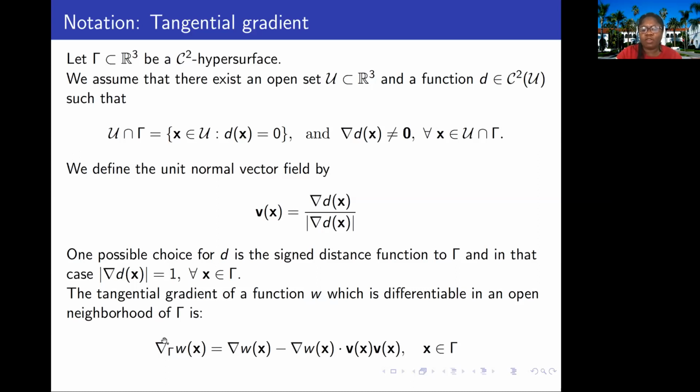Instead of using the normal gradient, we now have the tangential gradient. That's why we have this gamma, representing that it's only defined on the hypersurface. Then we have this expression where we consider the first term, the usual gradient, and then an additional term. Together, this describes the tangential gradient.